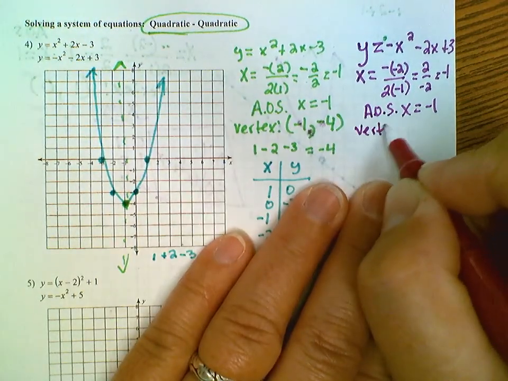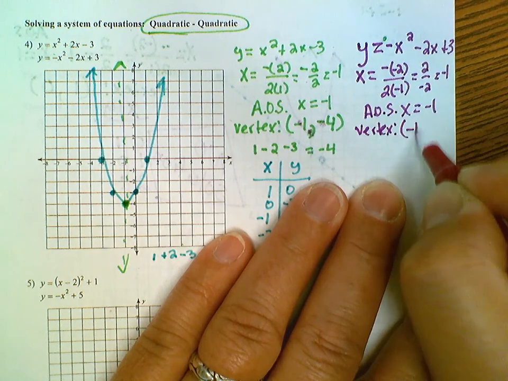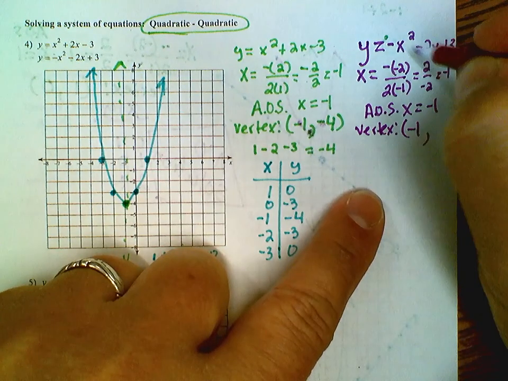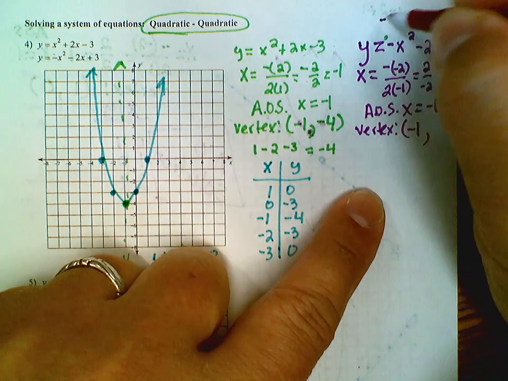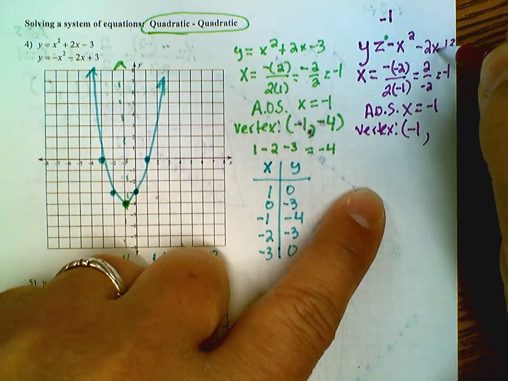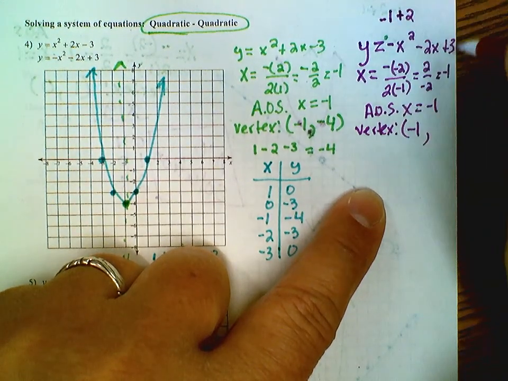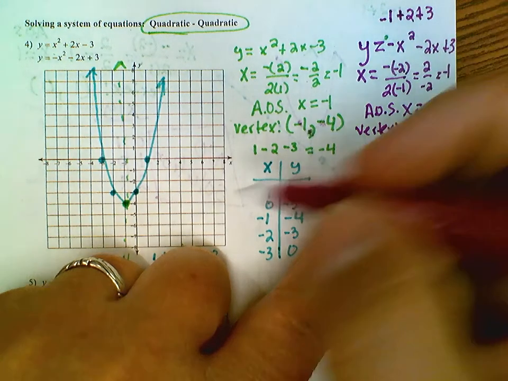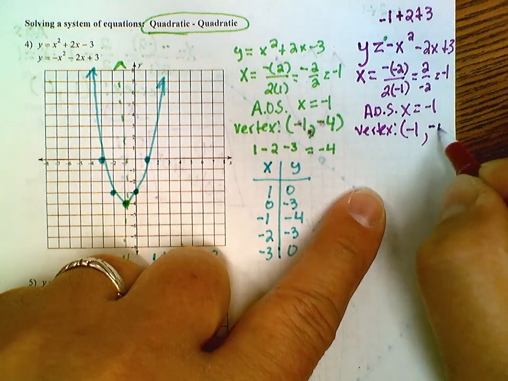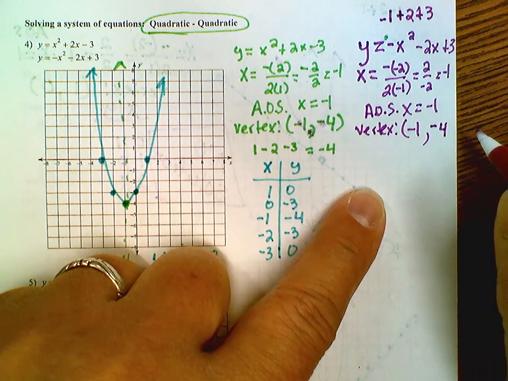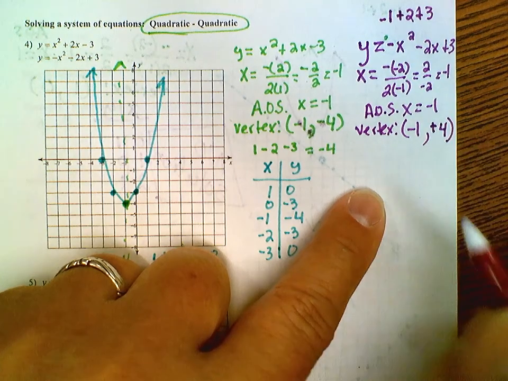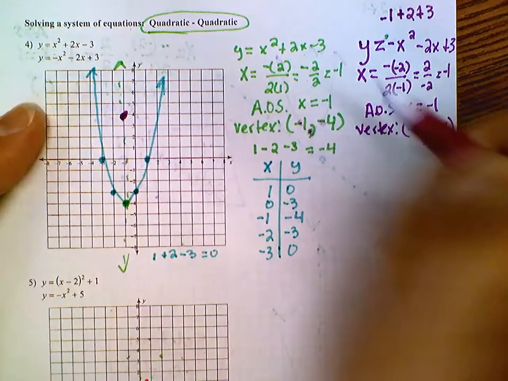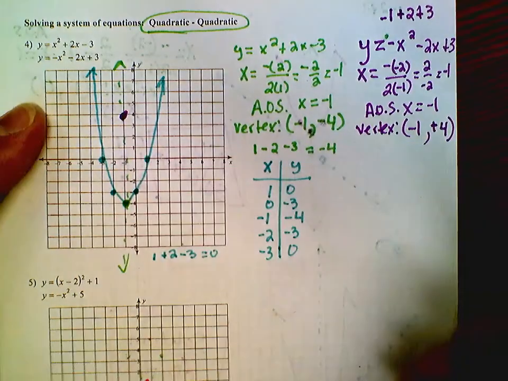For my vertex, I plug in negative 1. So negative 1 squared is 1 with a negative out front. And then negative 1 times negative 2 is positive 2, plus 3. So that's basically negative 1 plus 5, or negative 4. No, positive 4. Sorry. So I have negative 1, 4 as my vertex, and that one is concave down, opens downward.